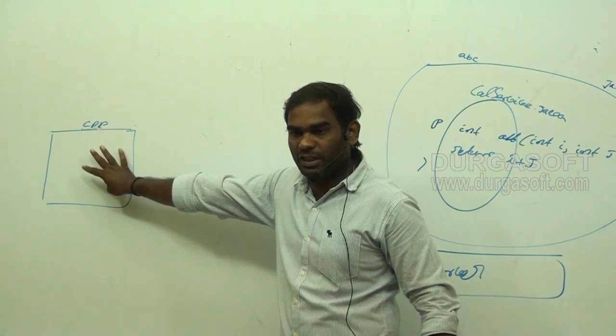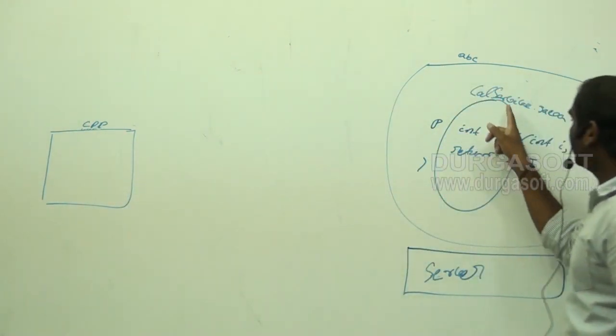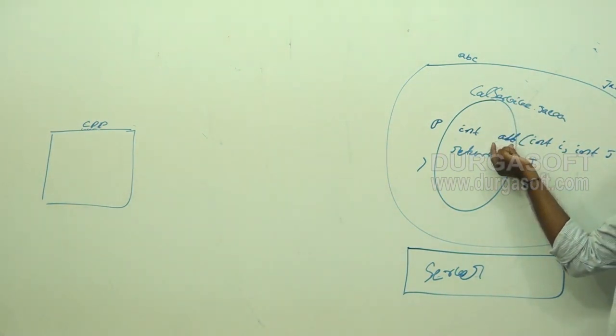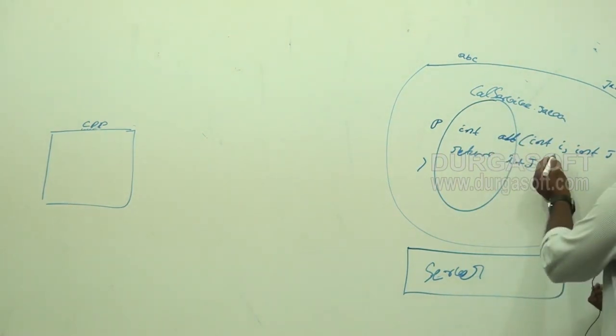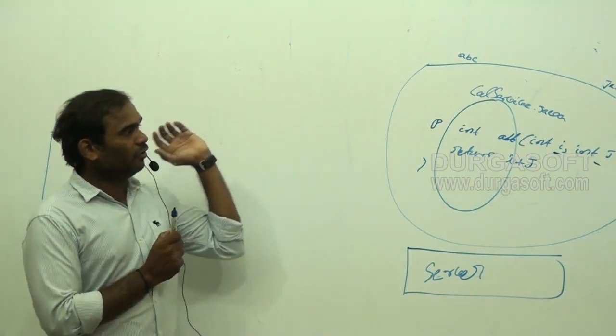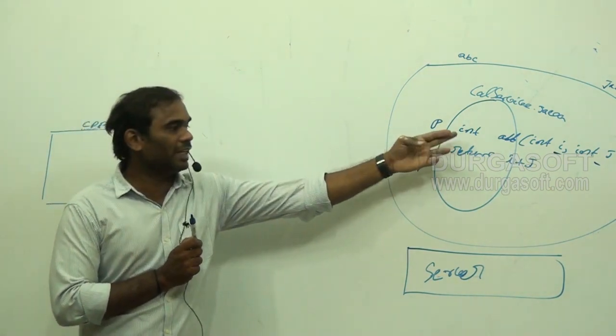What does the C++ application want to do? This C++ application wants to invoke calservice.java, and from there invoke the add method by passing some values, and it will get the return value.